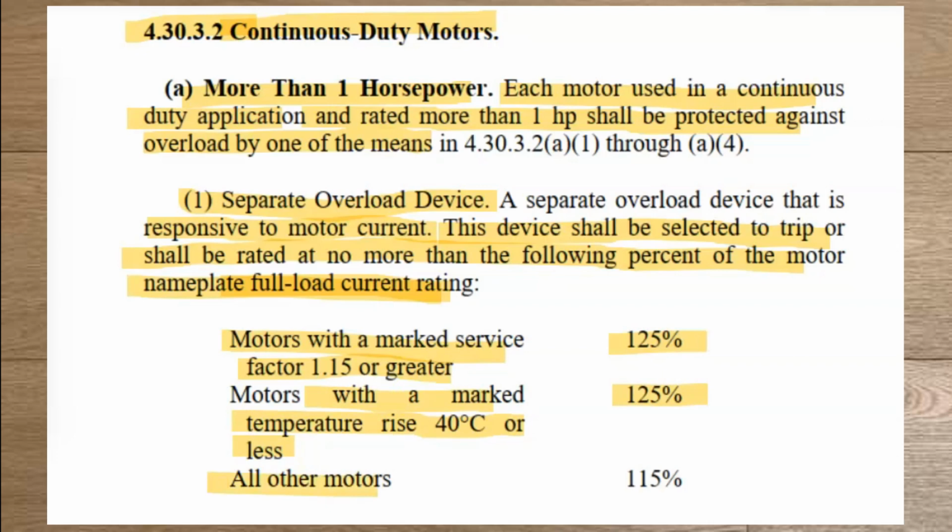And all other motors is 115%. From that, our 3 HP motor has a 1.15 service factor, so we qualify here. Therefore, our multiplier is 125%. Okay? That's clear.